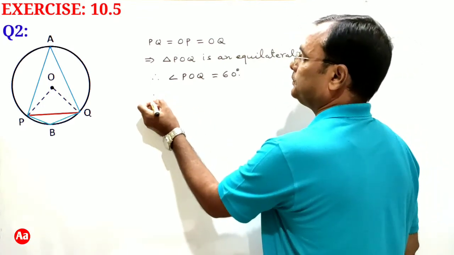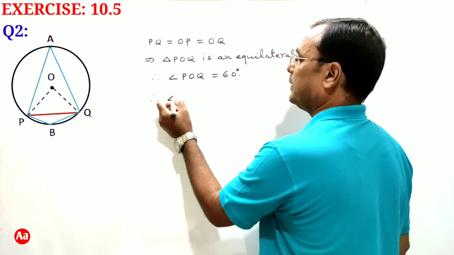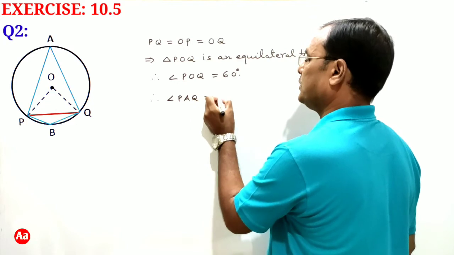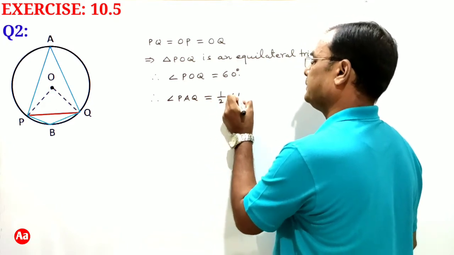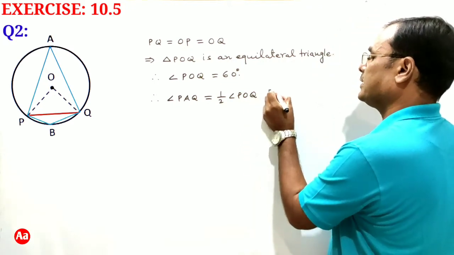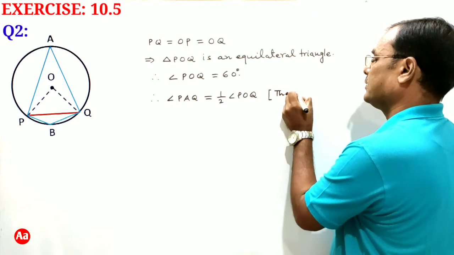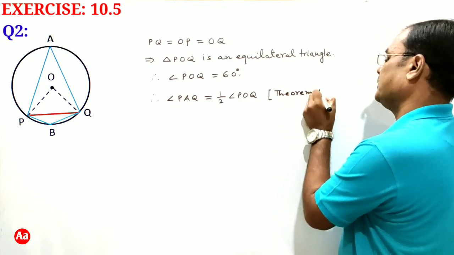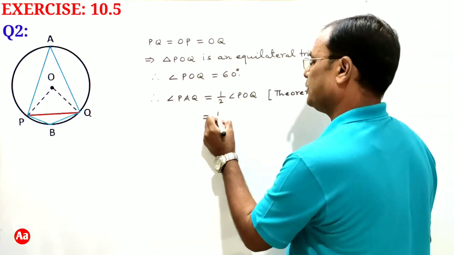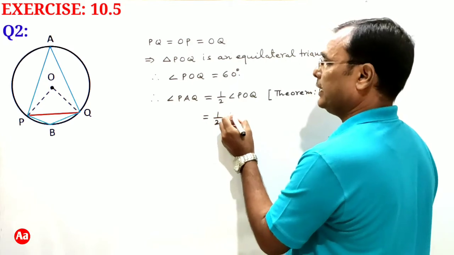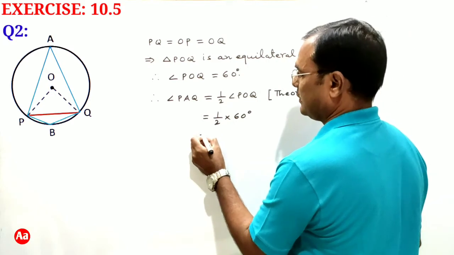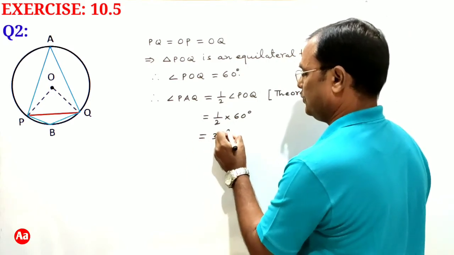So therefore we can write angle PAQ is equal to half of angle POQ. Reason we can mention theorem 10.8. So this is equal to half of angle POQ, 60 degrees, which is equal to 30 degrees.